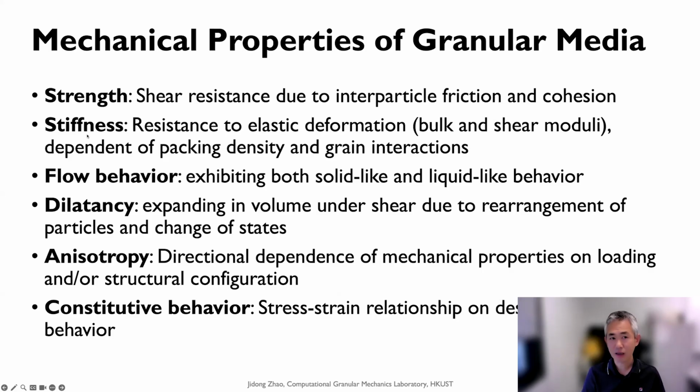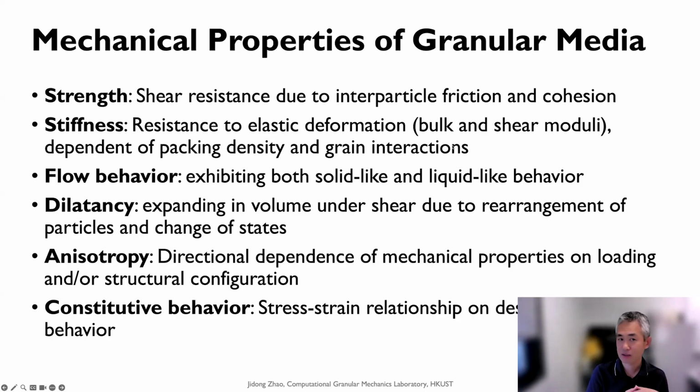And also there's another mechanical property called stiffness. Stiffness refers to the resistance to elastic deformation. For example, we can use the bulk modulus and shear modulus to quantify the resistance to elastic deformation of a granular material here.